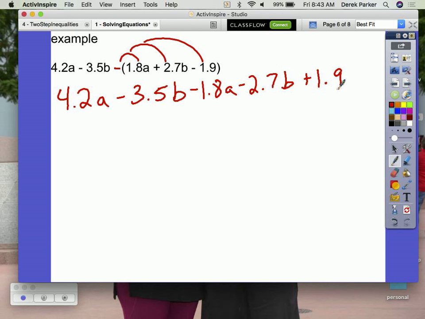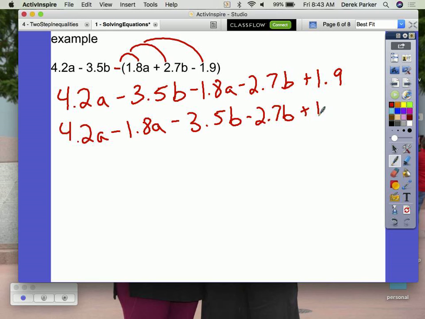Now, I rewrite the problem to where my like terms are together. 4.2a minus 1.8a minus 3.5b minus 2.7b plus 1.9.